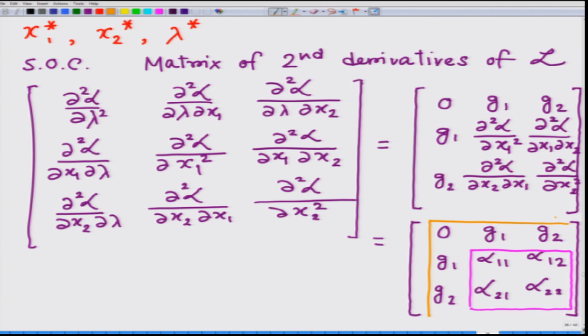These border components are coming from the partials of the constraint. So, this is the border that is generated, and it is bordering this Hessian, and that is why it is called the bordered Hessian matrix.